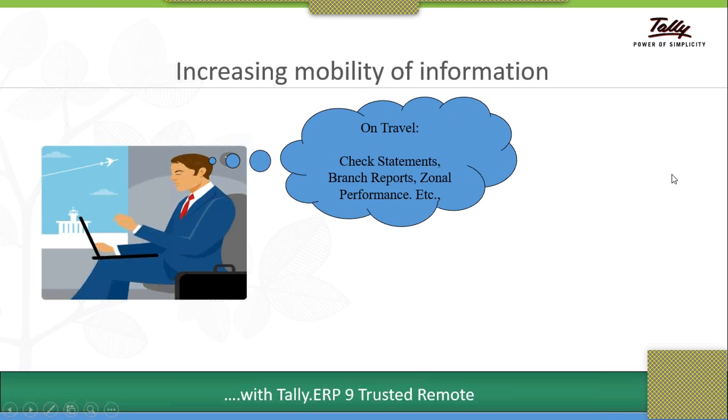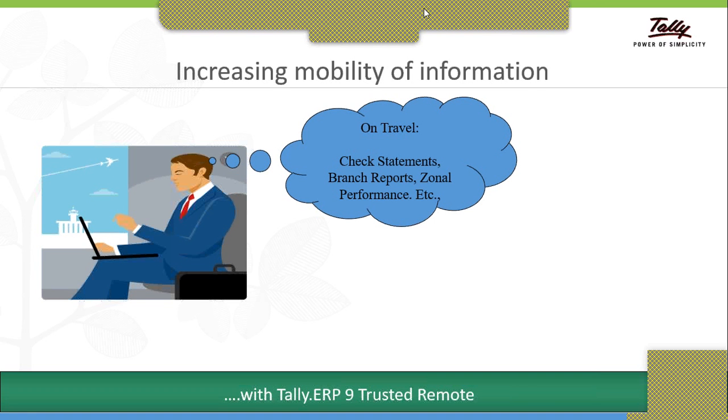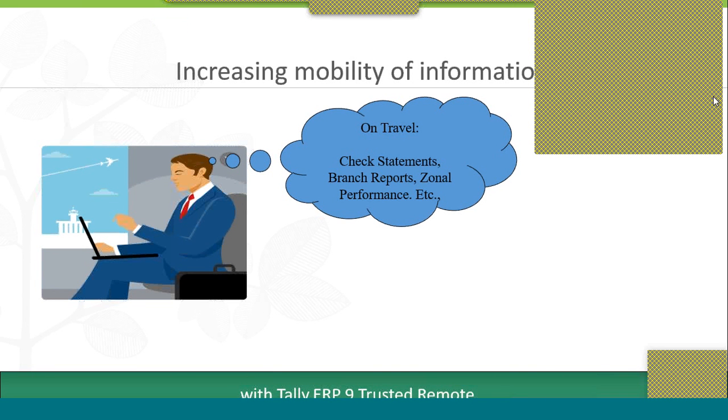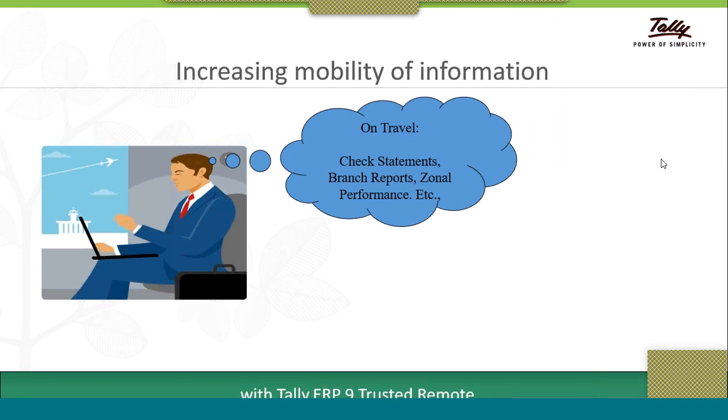And when you are on travel and want to check the bank statement, the financial reporting, the financial position of the company, or your final statement, all the reports can be viewed on travel via remote access capability.